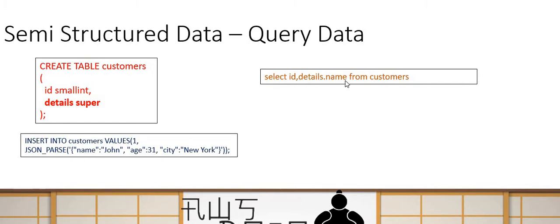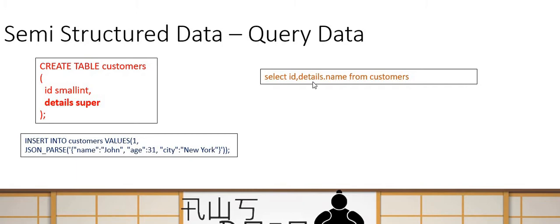So you can literally parse into the JSON document in a query. When you're talking about details here, details is giving you access to the root of the JSON document, and after that you can use JSON parsing or query convention to reach the particular field, array or value inside the JSON document.